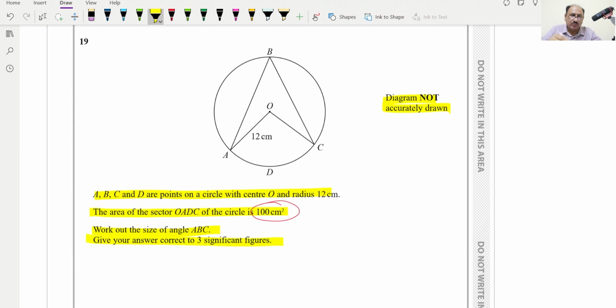Give your answer to 3 significant figures. Keep in mind the sector we are talking about is this one, and it has an area of 100 centimeters squared, which is the area of the sector.